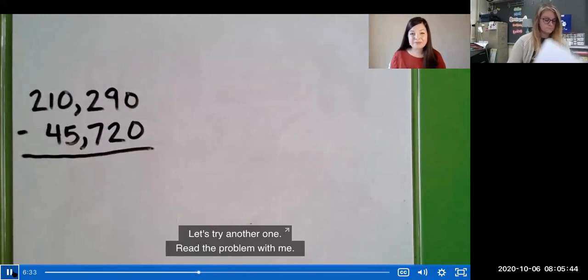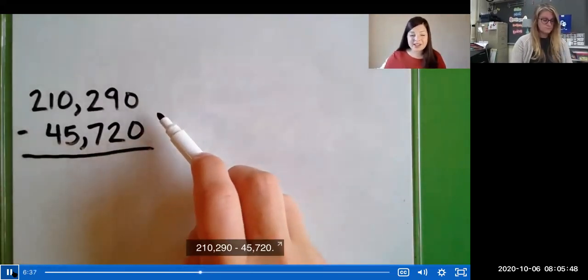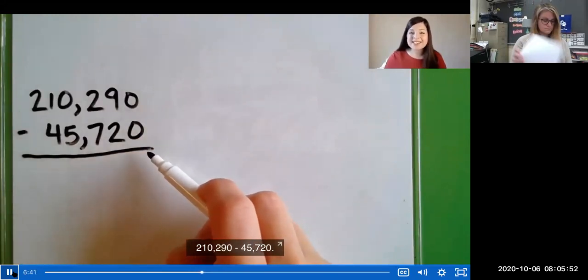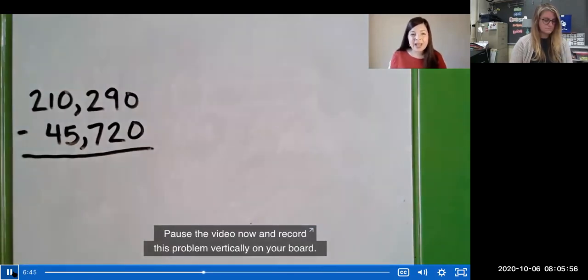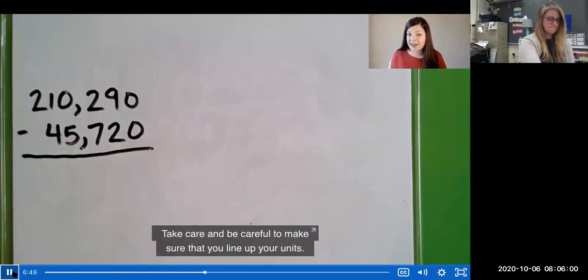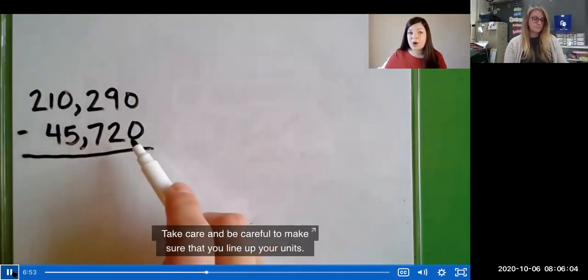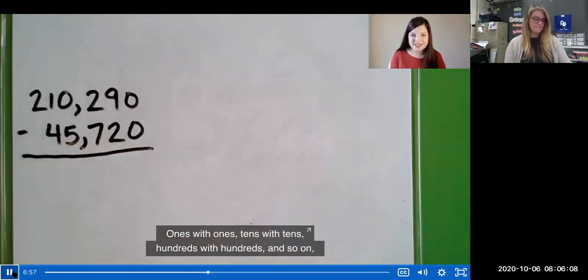Let's try another one. Read the problem with me. 210,290 minus 45,720. Pause the video now and record this problem vertically on your board. Take care and be careful to make sure that you line up your units. Ones with ones, tens with tens, hundreds with hundreds, and so on.